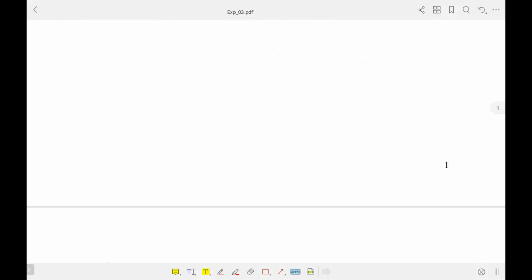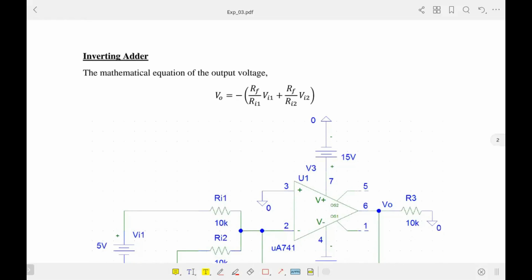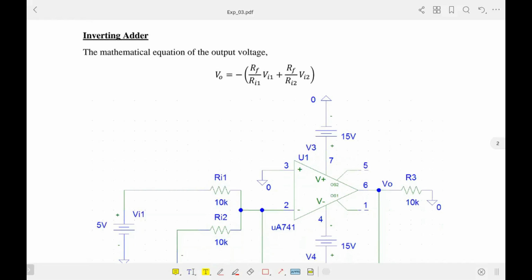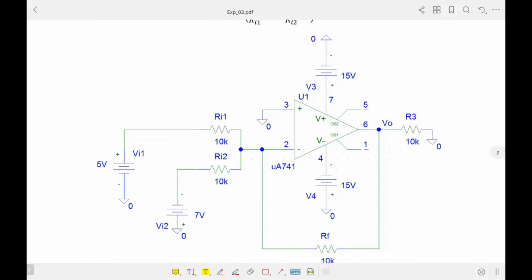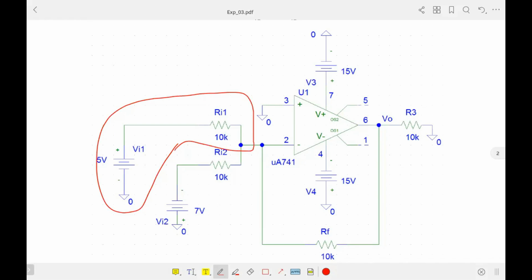So next, the first circuit is the inverting adder. Previously you already learned about the inverting amplifier, so the circuit was similar to this. In the case of an inverting amplifier, there was only one voltage source, and other things are similar.